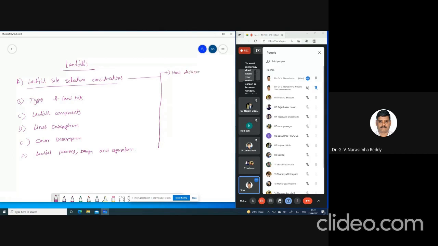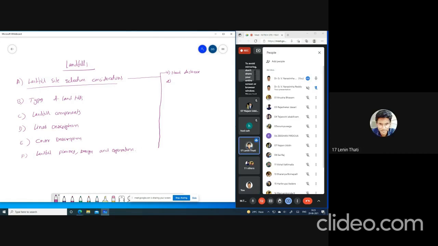First point is haul distance. It should be as minimum as possible. If it is nearer, you can save the transportation cost. But if it is nearer, what is the problem? Let us say your house is at the outskirts, and just beside your house they plan a landfill. Is there any issue? You can throw it from the compound wall, right? Yes or no?